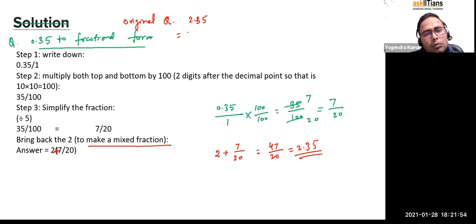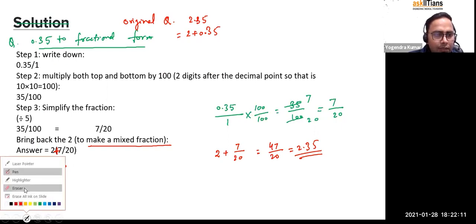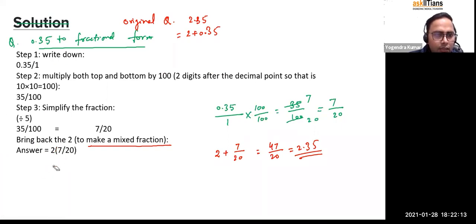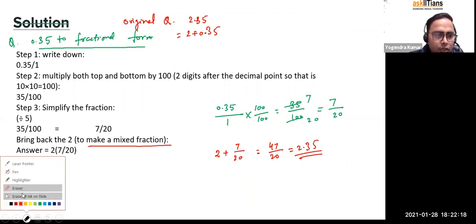So we can write 2.35 as 2 plus 0.35, and you do for 0.35 separately and add the 2 back. So that's what it is, 2 plus. They mean to say, I know there is no mistake here, but what are they trying to say? That this number is written like this. I hope you're not getting confused.